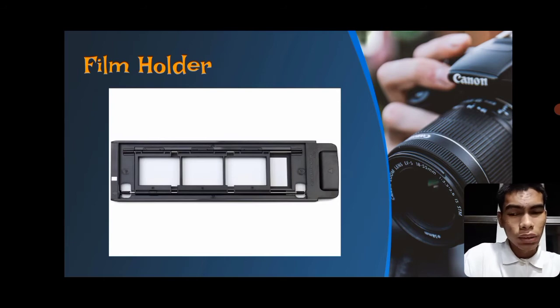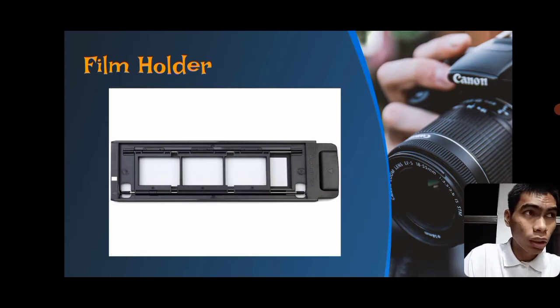The next is the film holder, located at the opposite side of the lens, designed to hold firmly the sensitized materials to prevent the formation of multiple or blurred images.